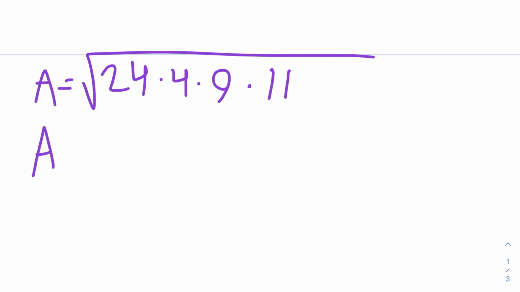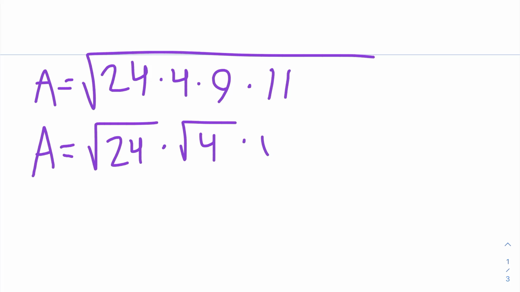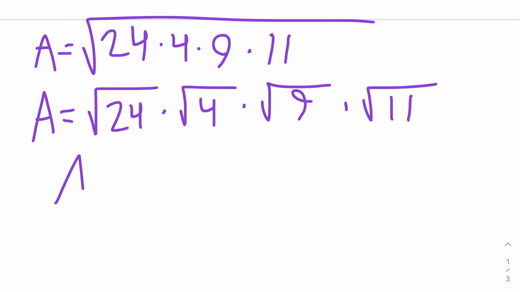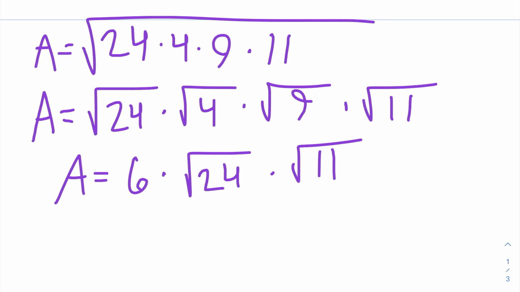So we just have the square root of 24 times the square root of 4 times the square root of 9 times the square root of 11. Now we know the square root of 4 is 2 and the square root of 9 is 3. So the area is equal to 6, because 2 times 3 is 6, times the square root of 24 times the square root of 11.